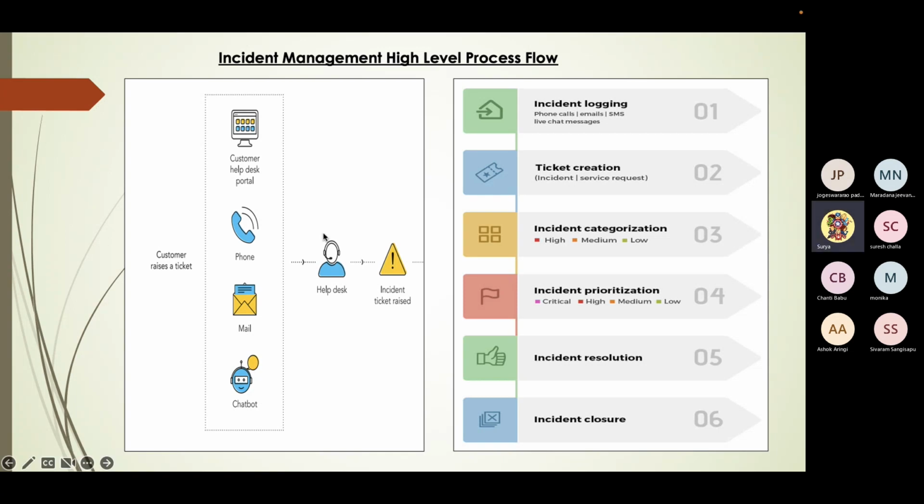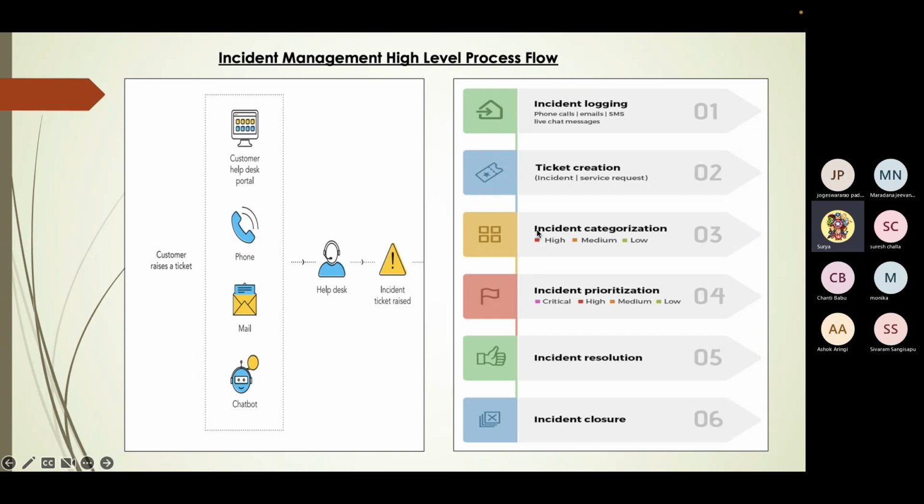Those are the people from the service desk of Airtel. So what will they do? They will ask, what is your name? What is your phone number? And what is your issue? Why did it happen? And they will document everything. That documented ticket is called the incident here.